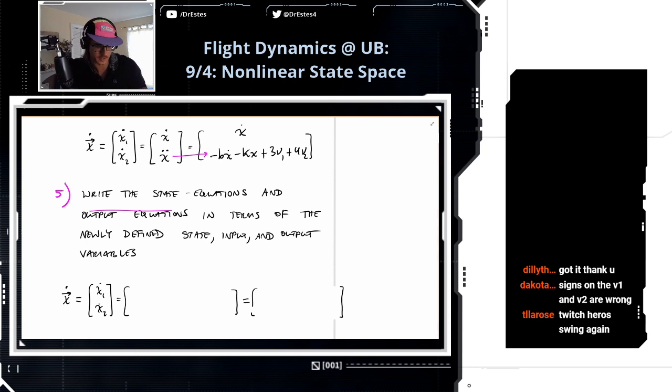So x dot, I'm looking up here, right? X1 dot is x2. X2 dot is minus b x dot, so minus b x2 minus k x1 plus 3u1 plus 3u2.